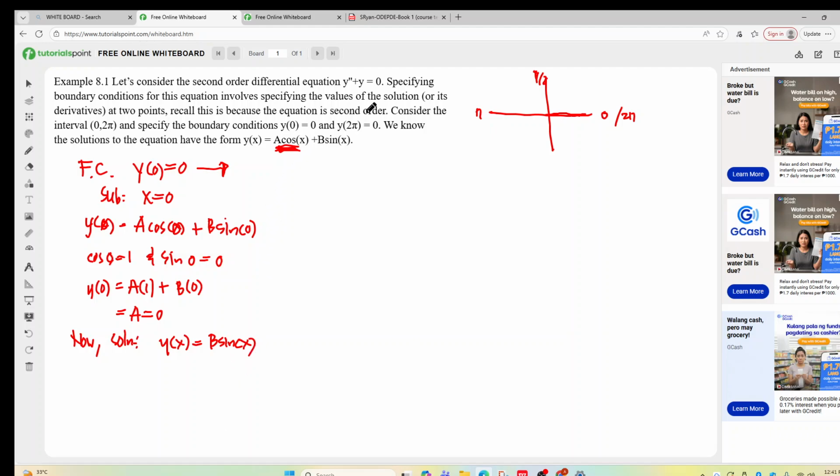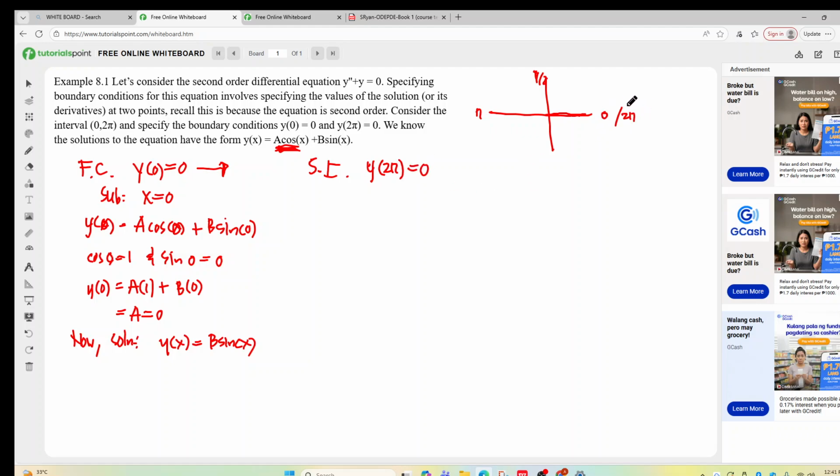Now we are going to use the second boundary condition, where the value of y(2π) must be equal to 0.